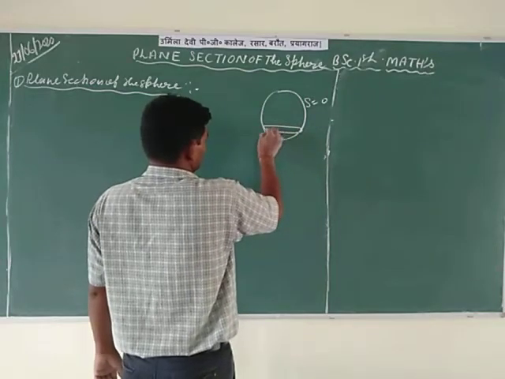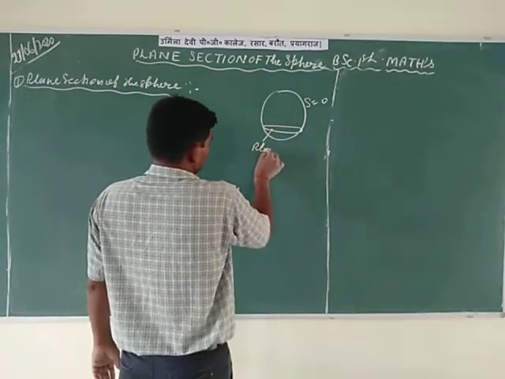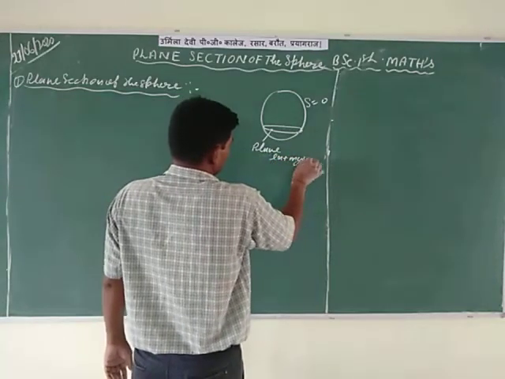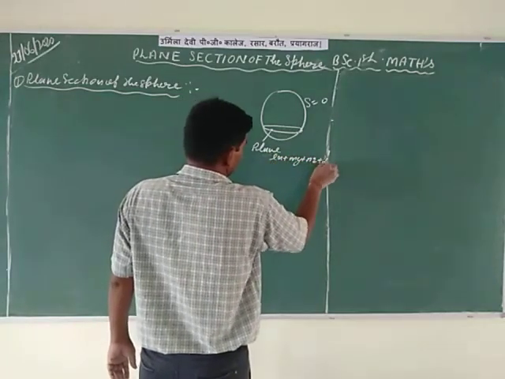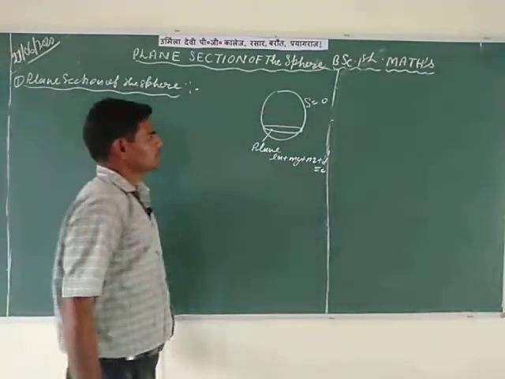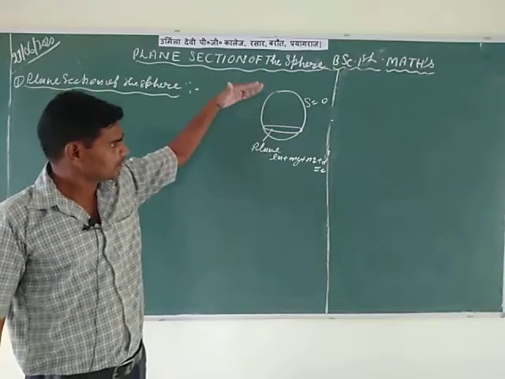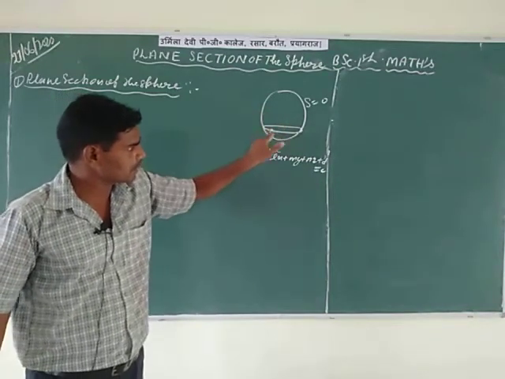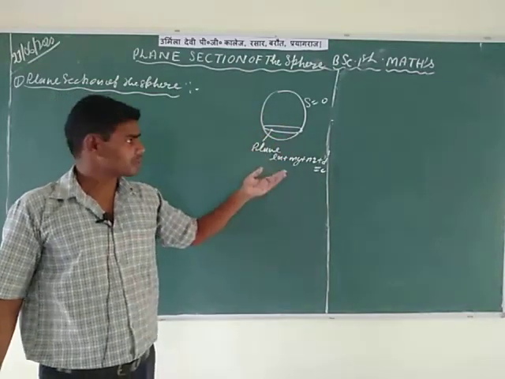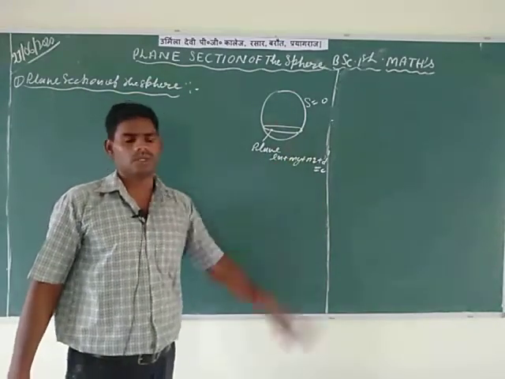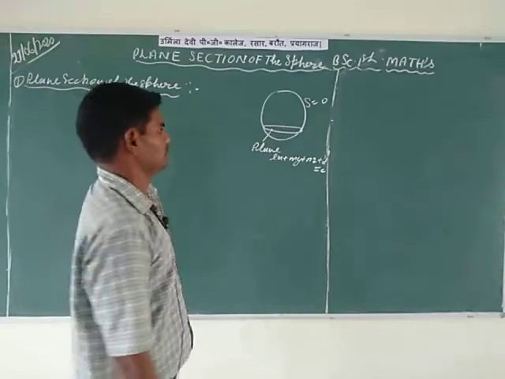Suppose that the plane is Lx plus My plus Nz plus d is equal to 0. If we eliminate the lower part, you can see that this is a circle. So the circle equation is written as Lx plus My plus Nz plus d equal to 0 together with the given equation of the sphere.